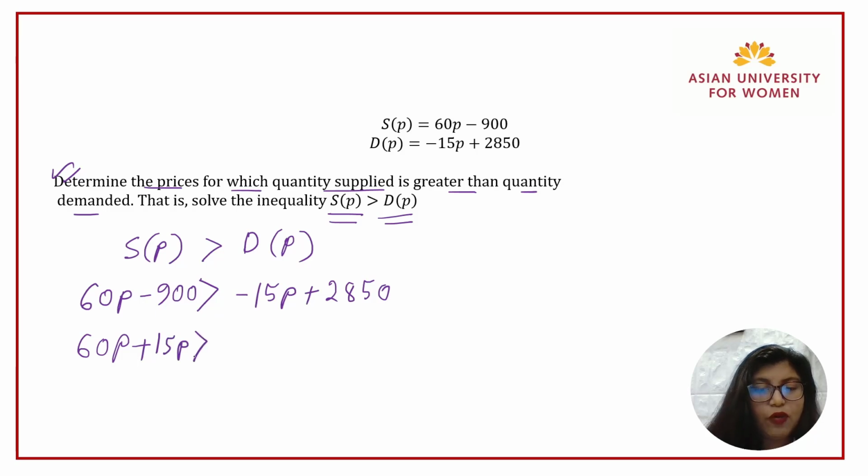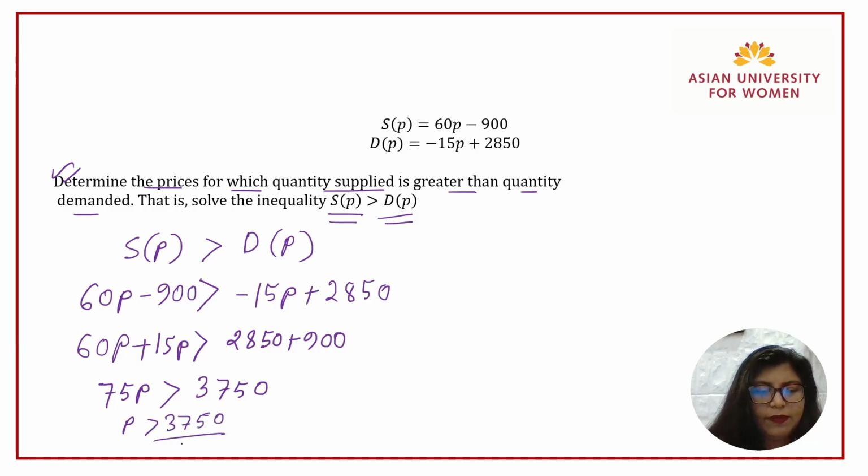And the minus 900, which is on the left hand side, we will move to the right hand side, and it will be plus 900. 2850 plus 900 becomes 3750. So it becomes 75p, and P is greater than 3750 divided by 75, which is 150.